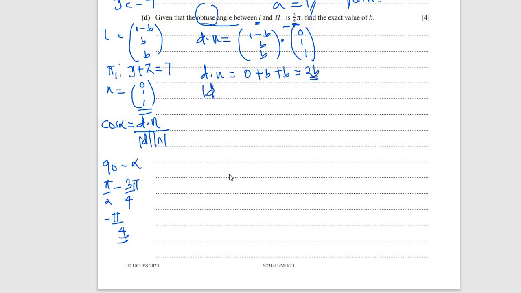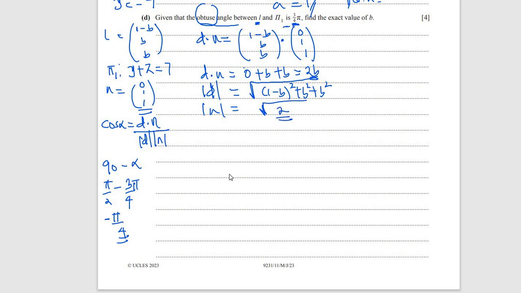The modulus of d is the square root of (1 minus b) squared plus b squared plus b squared. The modulus of n is the square root of 0 squared plus 1 squared plus 1 squared.